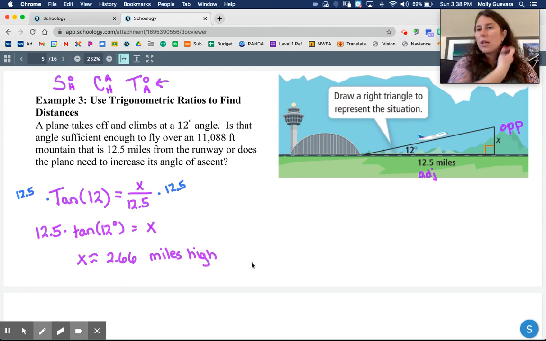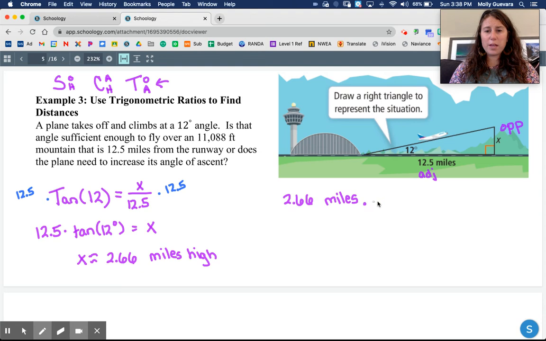And I want to know, is that going to clear an 11,088 foot mountain? So I'm in two different units. I'm in feet and I'm in miles, and I don't want that. So let's figure out how many feet 2.66 miles is. So 2.66 miles. If I want to convert this to feet, I draw a blank fraction. Miles is what I'm trying to get rid of, so that needs to go on the bottom. And then feet is what I want to get to, so that goes on the top. And then I need to write this conversion.